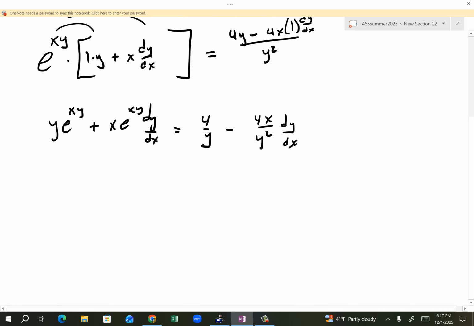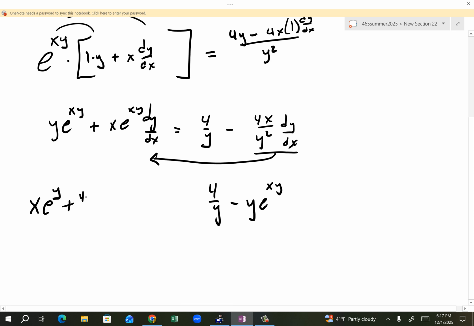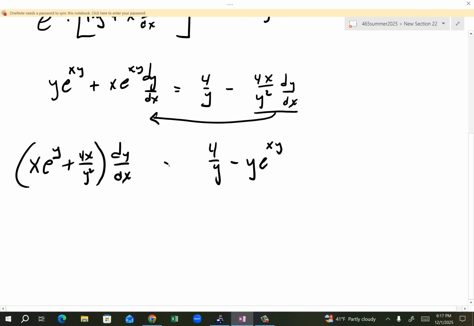Now I need all the non-dy/dx terms on one side, so 4 over y minus y e to the xy. I need the rest over here, so it's going to be x e to the xy, and if I add this, it's going to be plus 4x over y squared dy/dx. And then literally, it is as easy as you think it is, divide by this business.